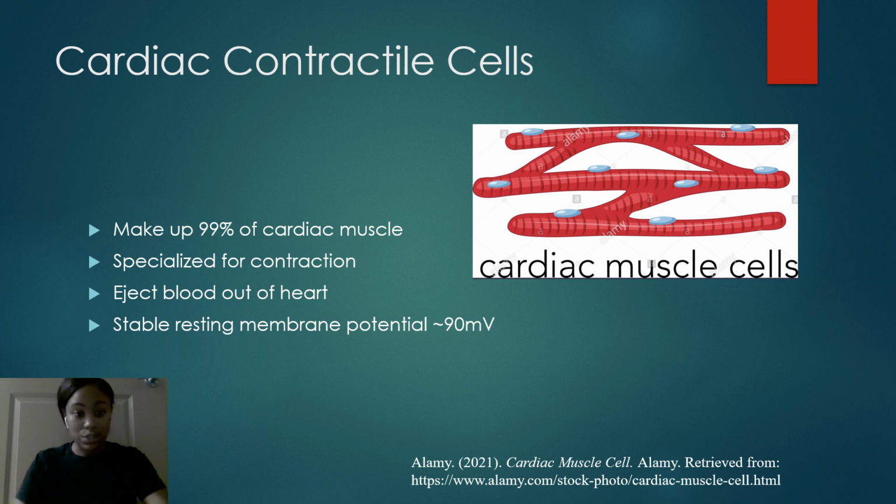Their role is to eject blood out of the heart, which provides great circulation throughout the body. Their resting membrane potential is approximately negative 90 millivolts. Normally, they also don't initiate their own action potentials.